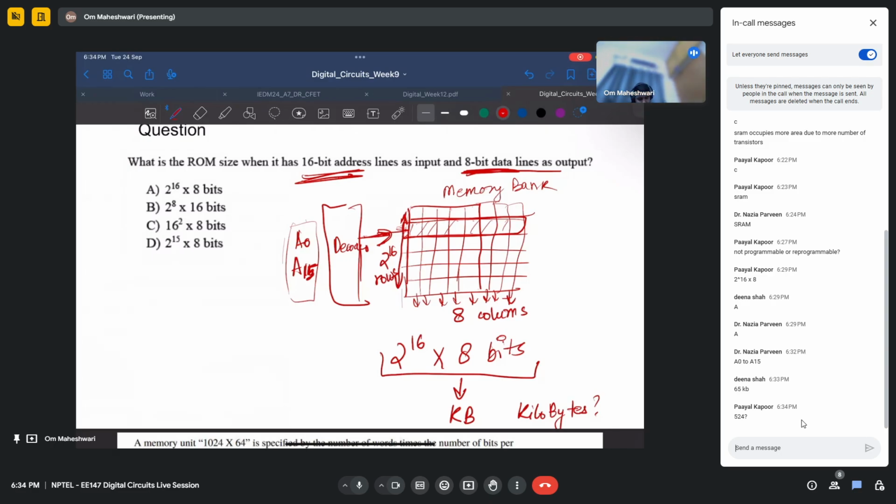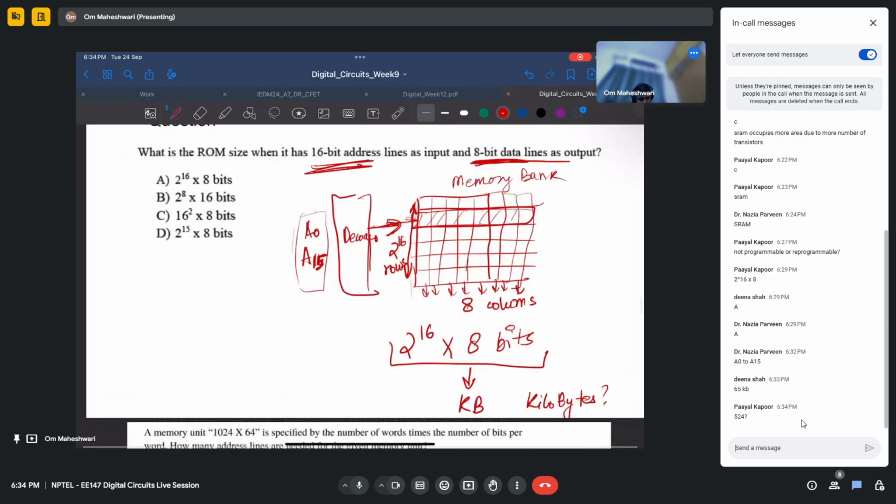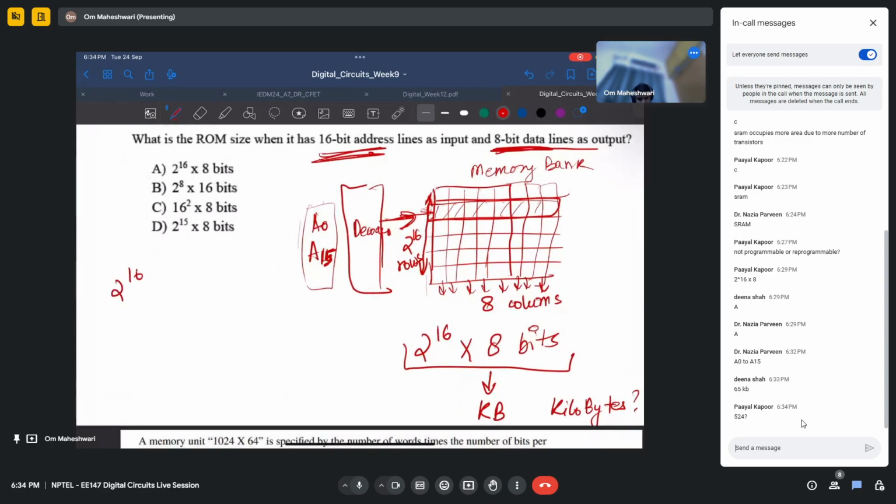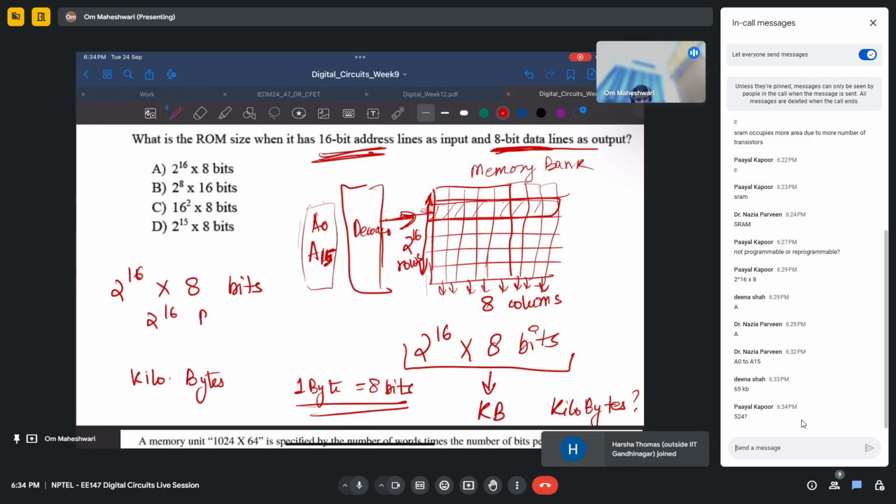So basically what we have is 2 to the power 16 cross 8 bits. What I want is the answer in kilobytes. One thing you know is 1 byte is equal to 8 bits. So now we can write it as 2 to the power 16 bytes, changing 8 bits into 1 byte.